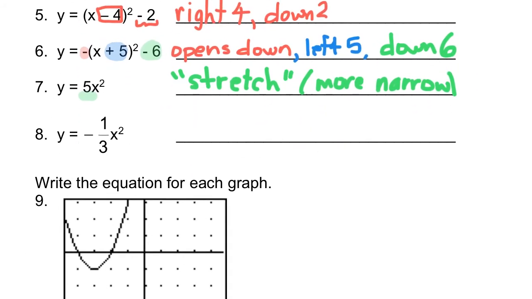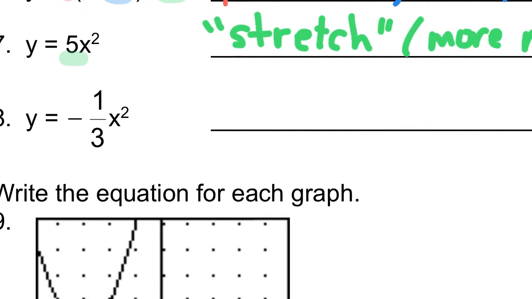Now looking at number 8, how many transformations do you see? One of the transformations is this negative, and that means that the function will open downward. We also see that x squared is being multiplied by 1/3. It's not just negative 1/3. So that 1/3 implies that it will be compressed or be wider.